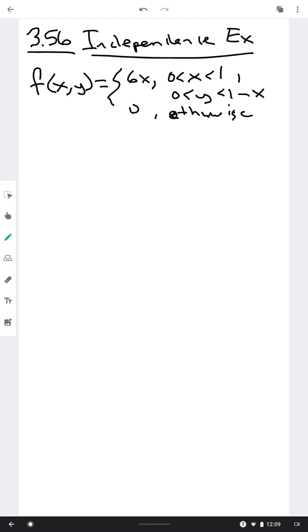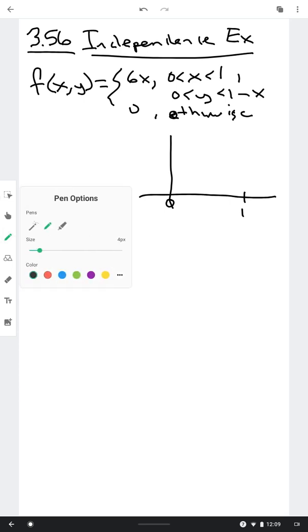So let me draw the domain of my function here first. Well, we know that x is going between 0 and 1. However, y is between the functions y equals 0 right here, and the function y equals 1 minus x, which is going to be the line.